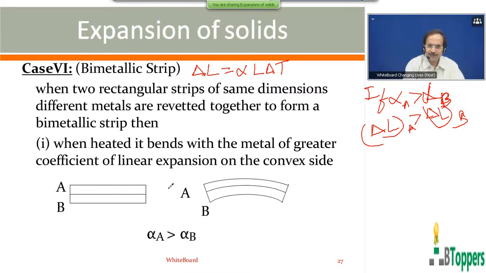So the bimetallic strip bends almost in the form of an arc of a circle. As you know, for an arc of a circle, the length of the circular arc is equal to the radius of curvature of the arc into the angle between the two radii at the extremities of the arc.